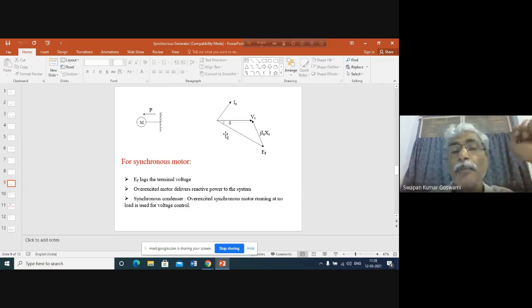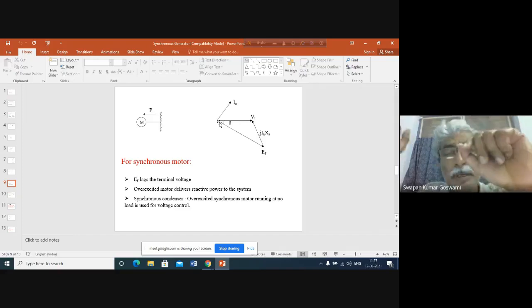Now we are particularly interested in the synchronous motor operation in this operating zone, when the excitation is above normal. That means the overexcited synchronous motor. Why is this of interest to us? Because we are concerned about the control of system voltage when the demand is heavy. When the demand is heavy, somebody should supply reactive power.